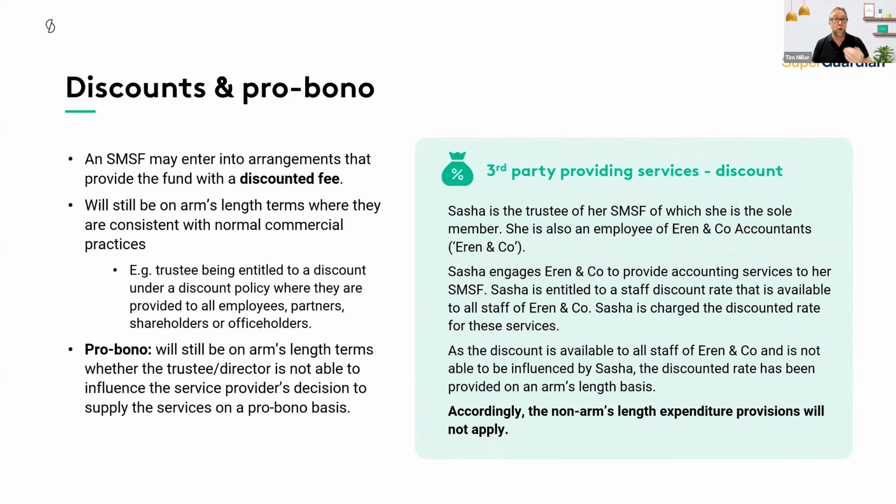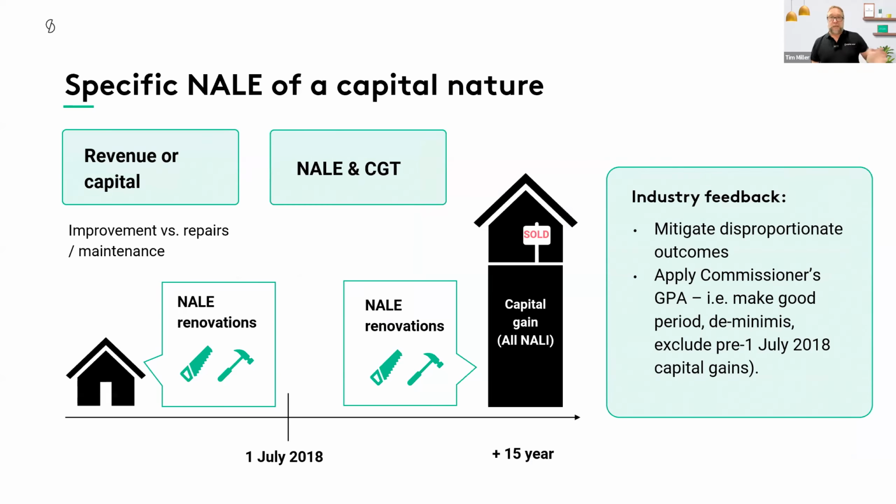If, as a trustee, you've got no ability to influence the pricing, then that's when you're potentially going to have no gnarly considerations to think of. So look, that's the general expenditure piece, and having that understanding between individual capacity and trustee capacity, which is very grey in many instances.